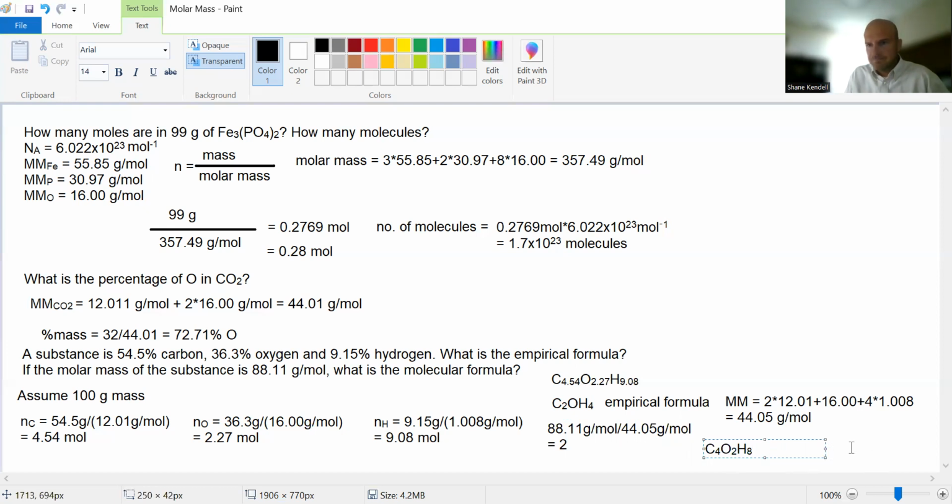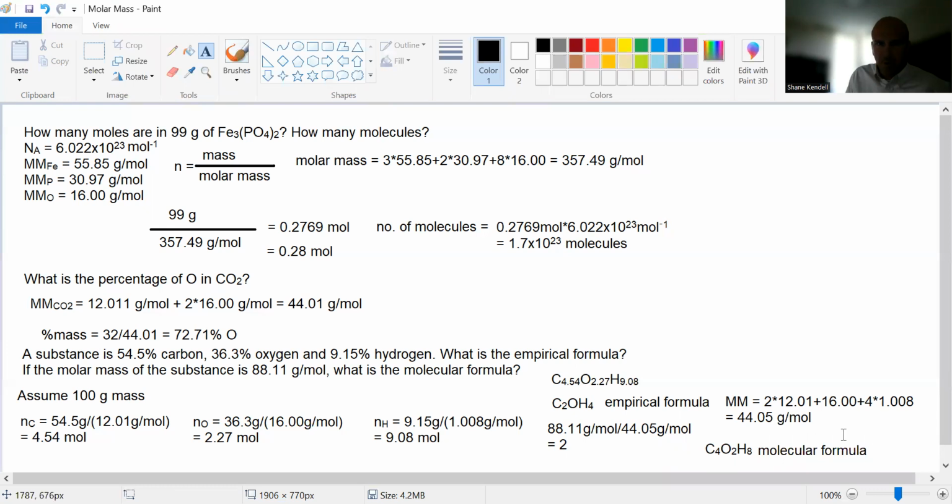Okay, so once again, these are the 2 things we're looking at here to answer the problem: the molecular formula and the empirical formula.